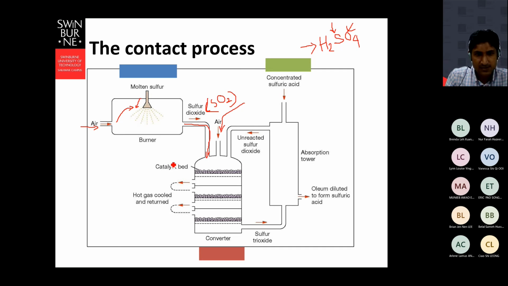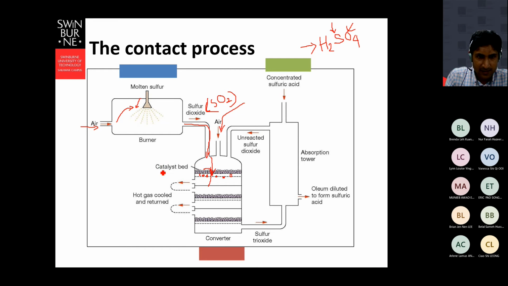The still very hot sulfur dioxide gas goes through this bed, because these racks are perforated, meaning there are many holes, and the catalyst is there.